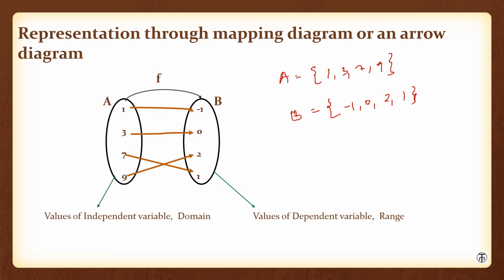The relationship is between 1 and -1, 3 and 0, 7 and 1, 9 and 2. So we can say that these values are known as the set of domain, while -1, 0, 2 and 1 are nothing but values of the dependent variable, which are the range.